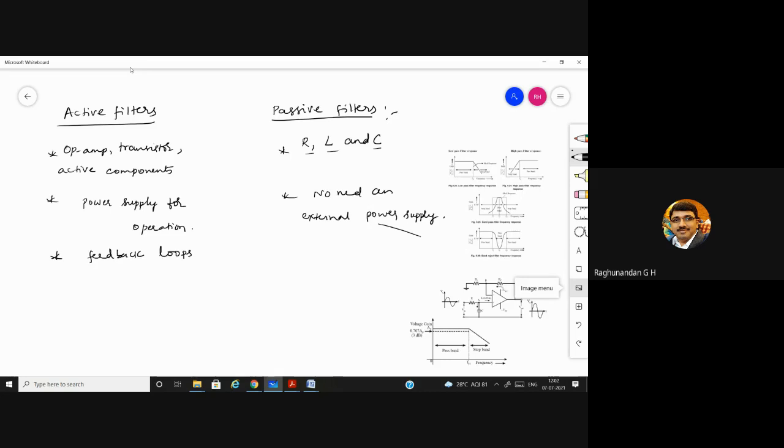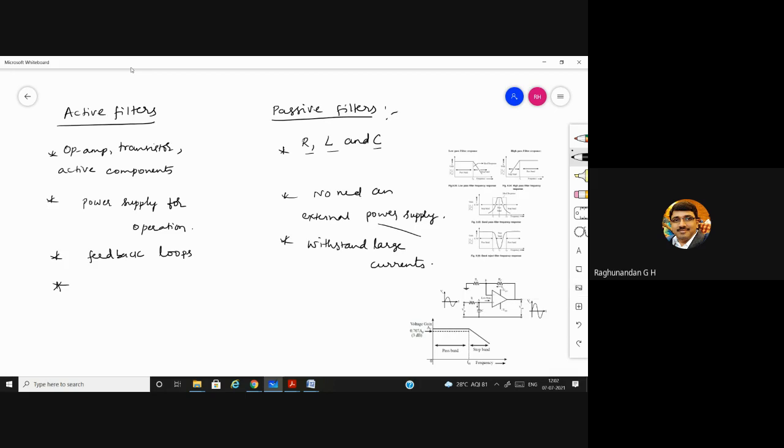So for that purpose, feedback loops are needed in active filters. But here, since they are passive components, they have an inherent capability to withstand large currents. Even when there are large currents, they can withstand. So it doesn't require any feedback and they have better stability.